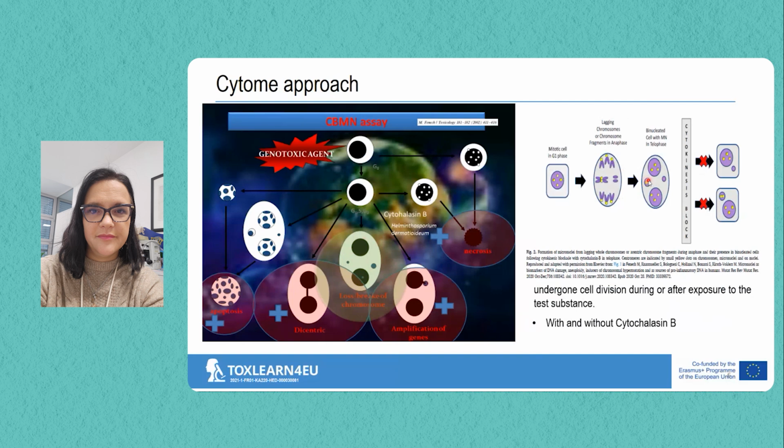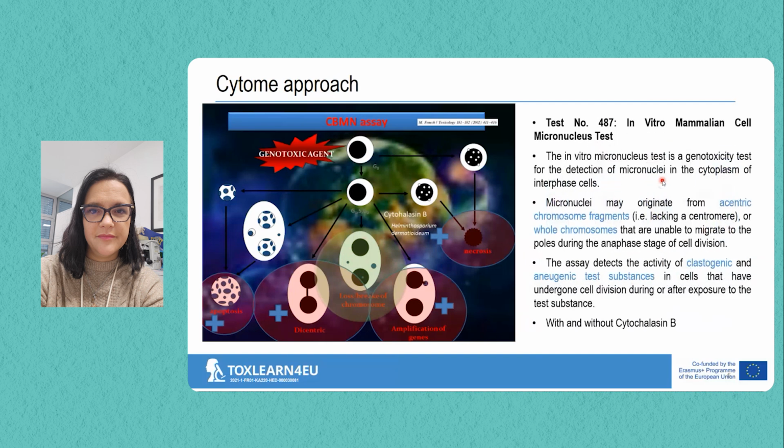That means that the entire chromosome is lost and is part of the micronucleus. Or if you don't have the centromere signal, that means that only part of the chromosome is in your micronucleus. So this assay can detect the clastogenic or aneugenic activity of some kind of substance.